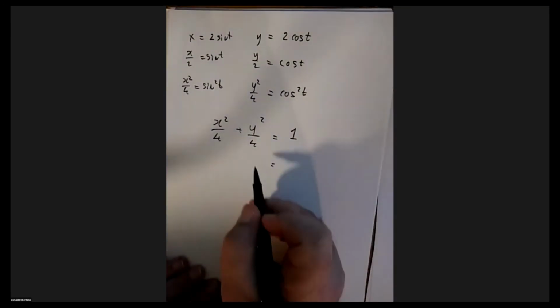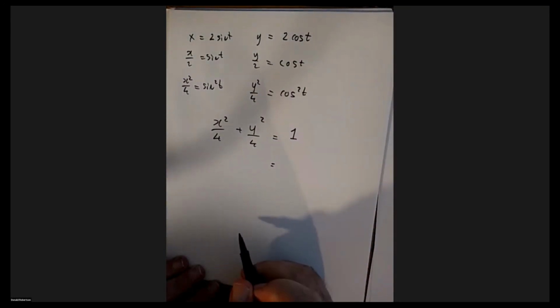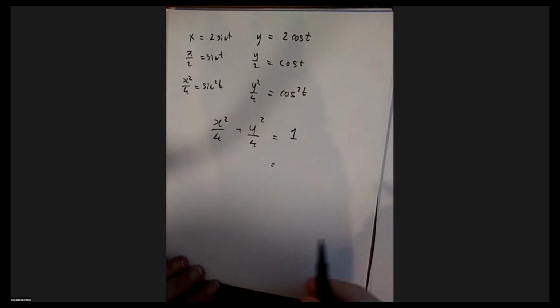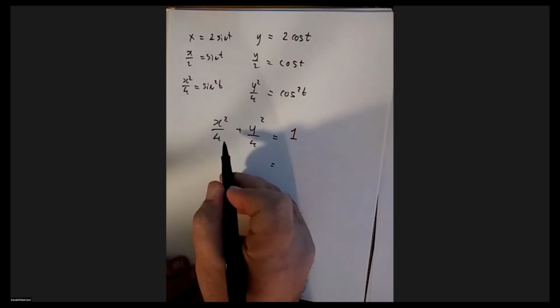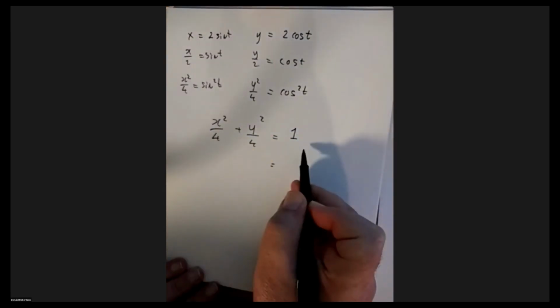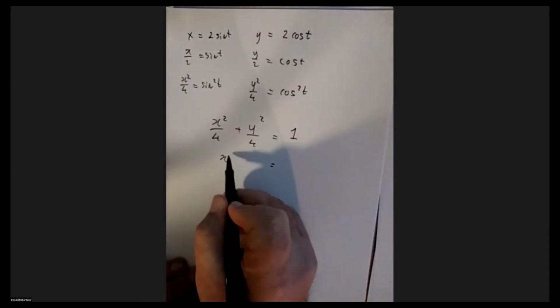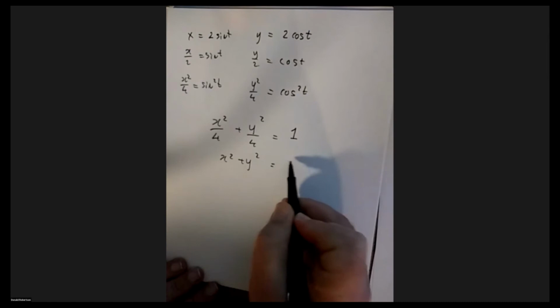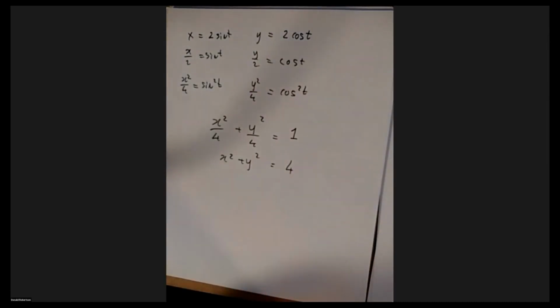Square root? Oh no, I know what you're thinking, but don't go that way. Think of multiply. Multiply both sides by 4. And what you get is x squared plus y squared equals 4.